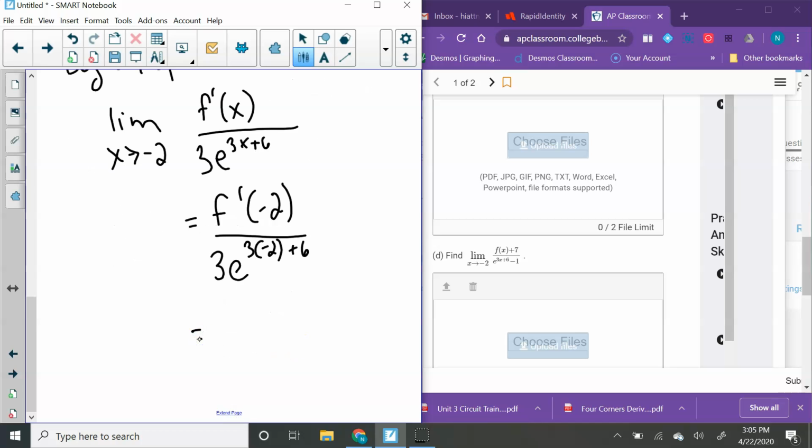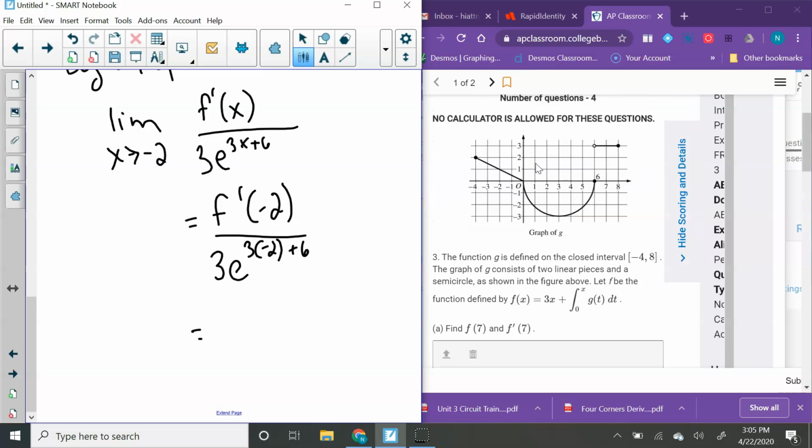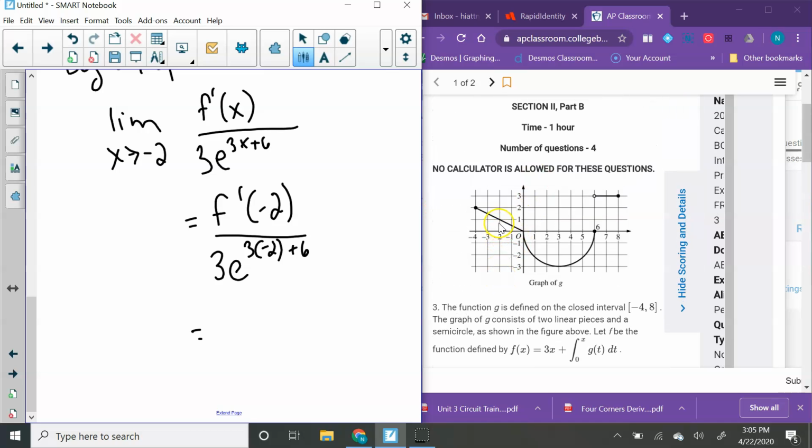And so if we go up here to our graph, f prime of -2, actually don't go to your graph because we have to use the derivative of f. So the derivative of f was 3 plus g of x, so we'll have 3 plus g of -2. Don't go to the graph there yet. And then in the denominator, we've got 3 times -2 plus 6 is going to be -6 plus 6, which is 0.